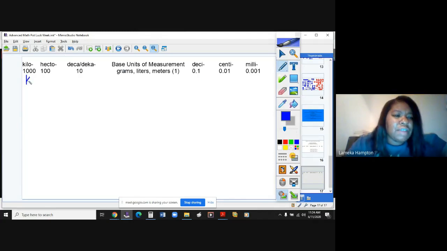Kilo is represented by the letter K. Hecto is represented by the letter H. Deca, D-E-C-A or D-E-K-A, is represented by the A. Now, grams is G, liters is a capital L, and meters is a lowercase m.